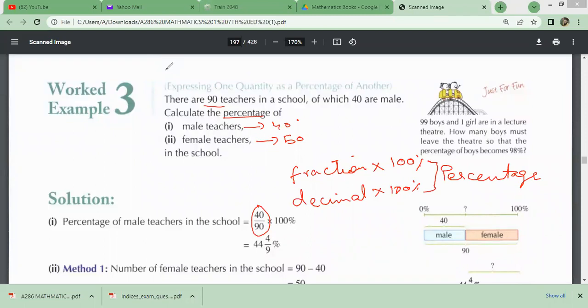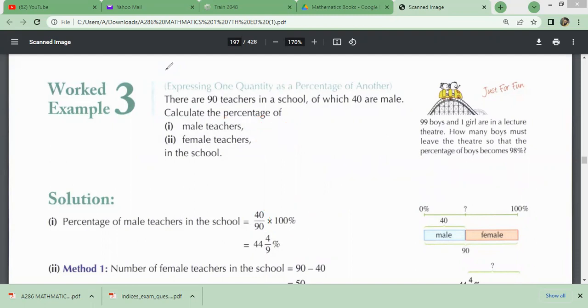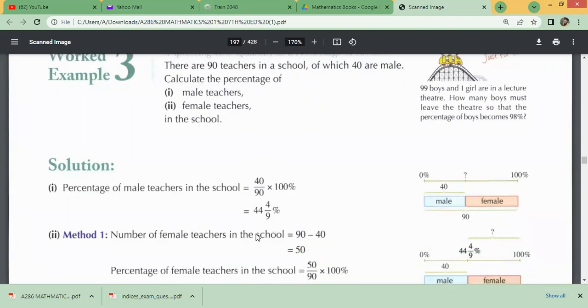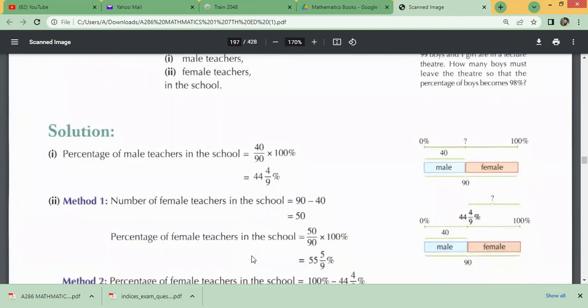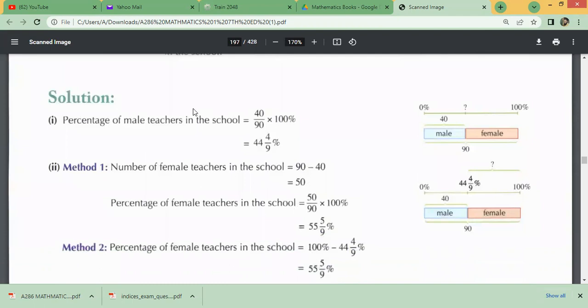The next part was how many female teachers are there. There are two methods to do this part. One method is that the teachers will be either male or female, so you can simply subtract the percentage of male teachers from 100, as shown in method 2. 100 minus the percentage of male teachers gives you the percentage of female teachers.